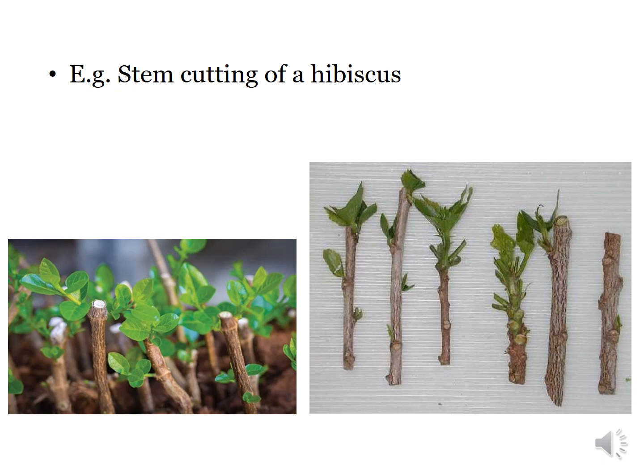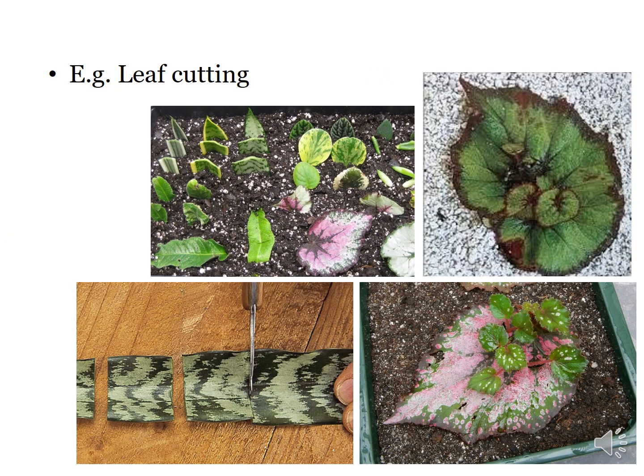This method is quite common and easily done by anyone. Cuttings can be made with the stem. You can try this with hibiscus, tapioca, and even cangkok manis. You also can propagate your plants with its leaf. For example, snake plants.